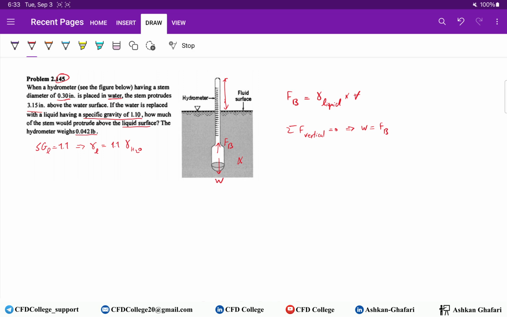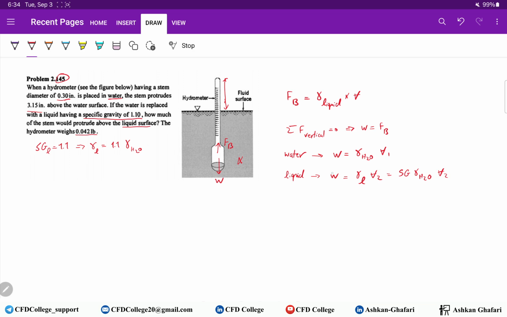In both situations, so when we have water, W equals buoyancy force, gamma of water times volume, for example V1, and when we have an unknown liquid, W equals gamma of liquid times V2, gamma of L, equals 1.1, or Sg gamma of water times V2.